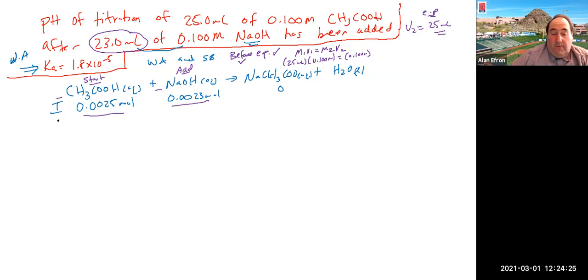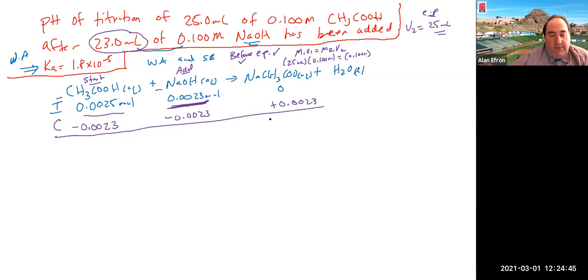All right, so because we are not at the equivalence point, we're before the equivalence point, we do know that this guy here is going to be our limiting reagent and also the change that we would expect to occur. And that means when we do reach equilibrium here, we will end up with 0.0025 minus 0.0023.